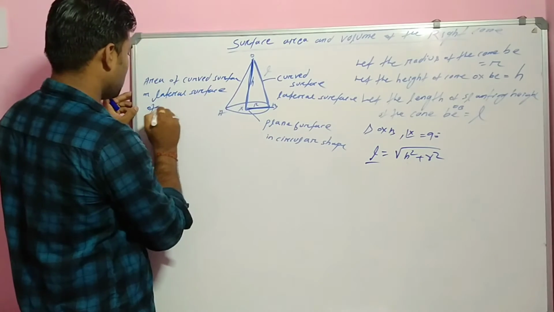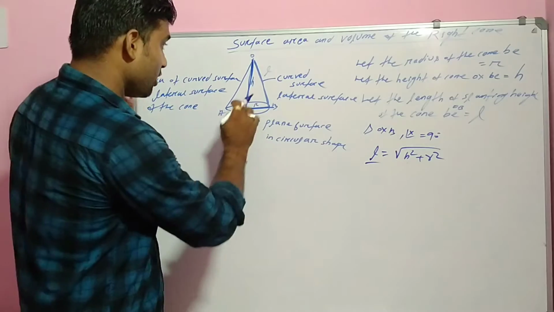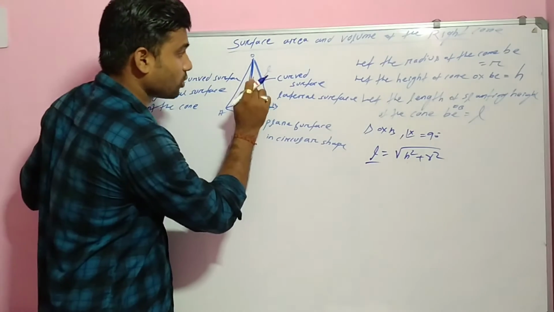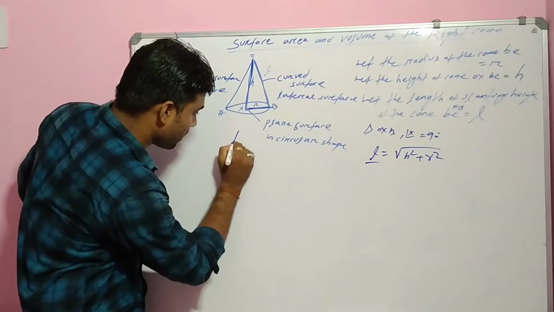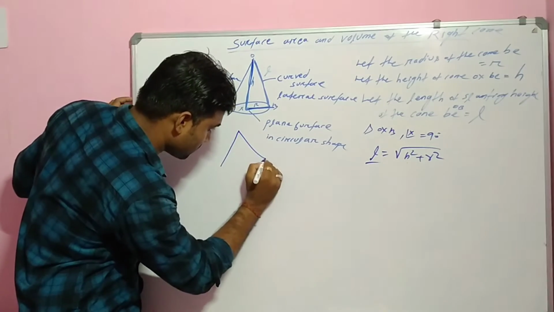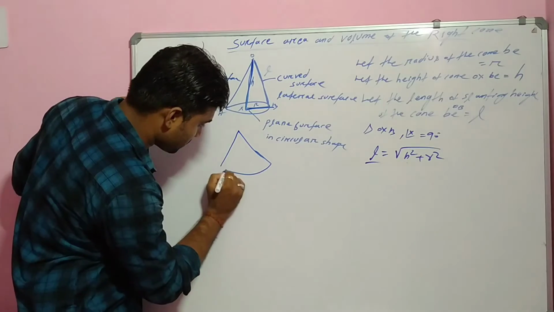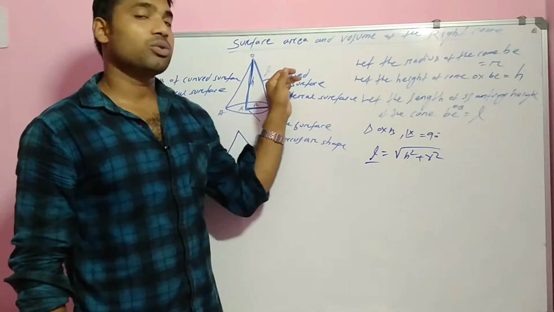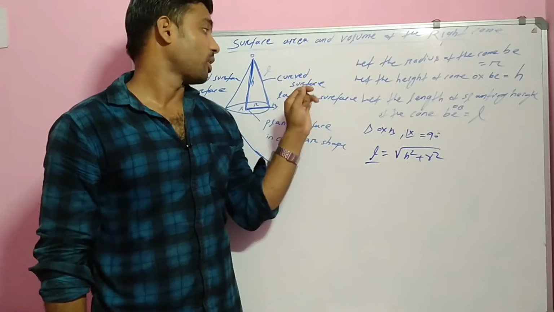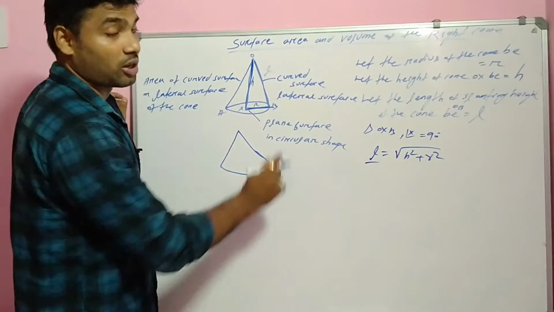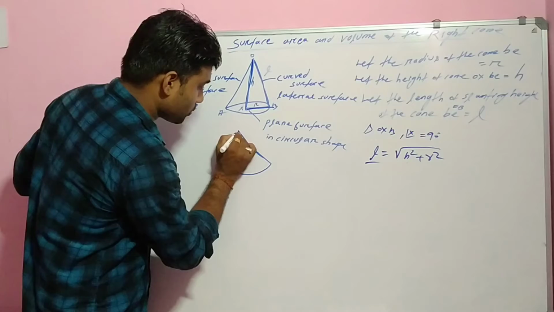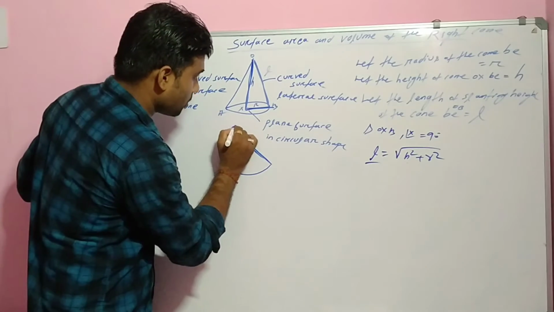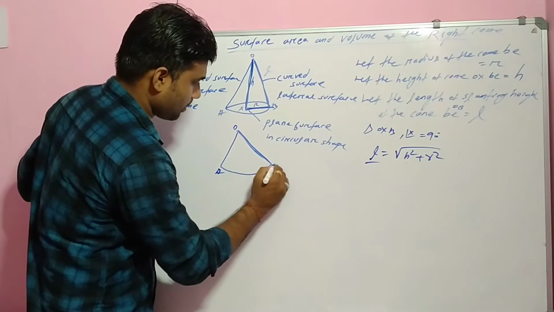If you spread out the lateral surface of the cone, you will get a sector. The area of this sector is equal to the area of the curved surface of the cone. So this is the radius, and here is sector OAB.